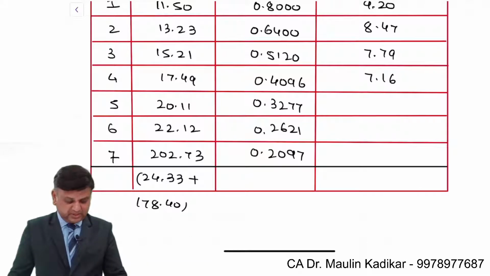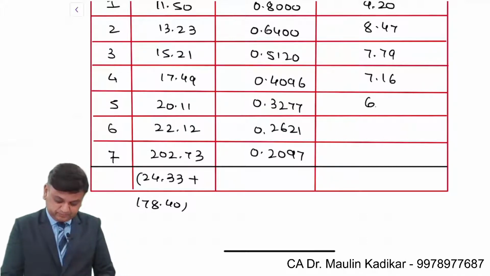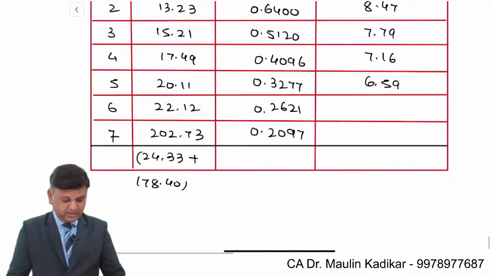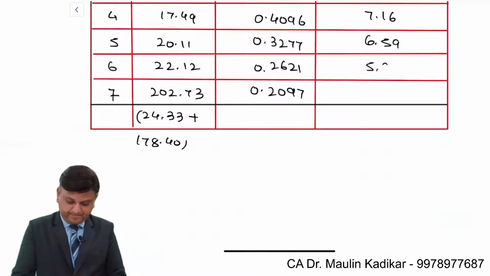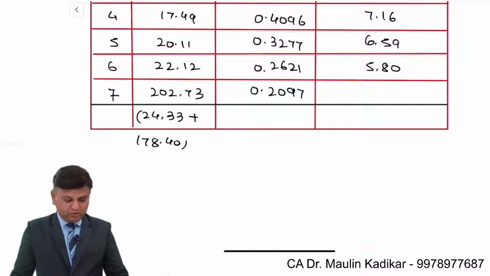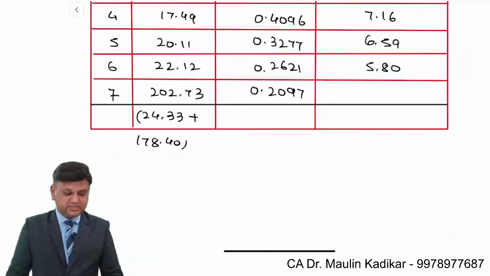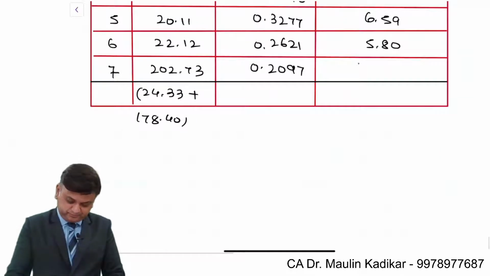It is 20.11 into 0.3277. So it is 6 rupee 59 paise. Then 22.12 into 0.2621. So it is 5 rupee 80 paise. Then 202.73 into 0.2097. That is 42.51.